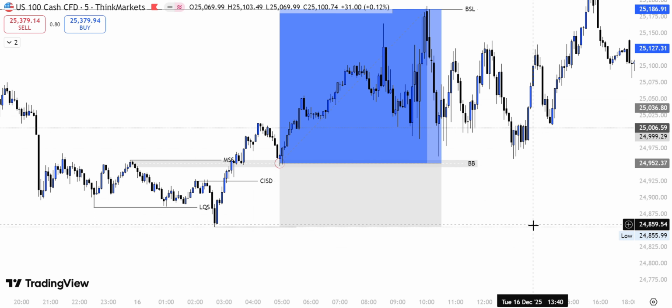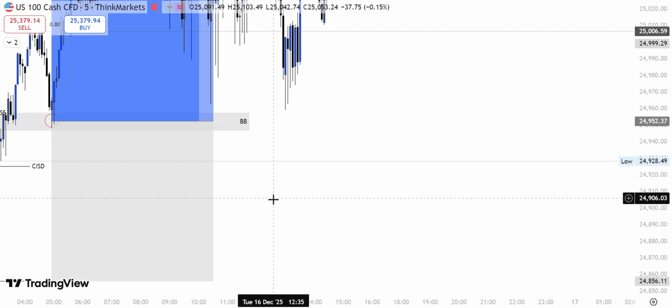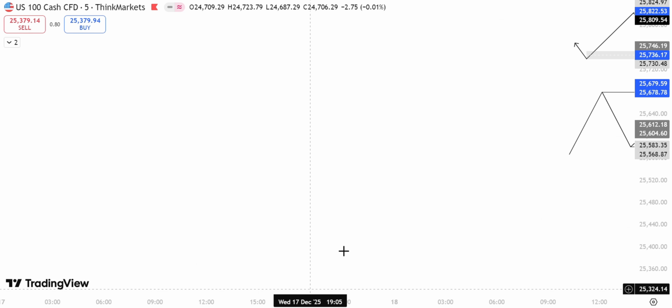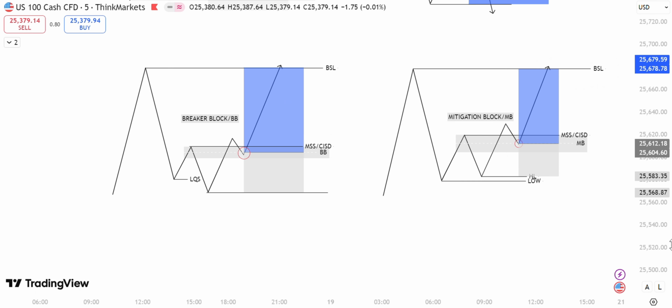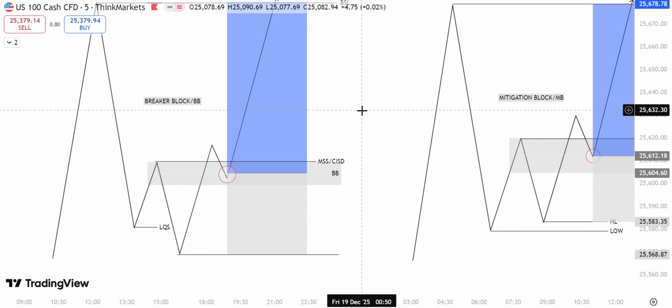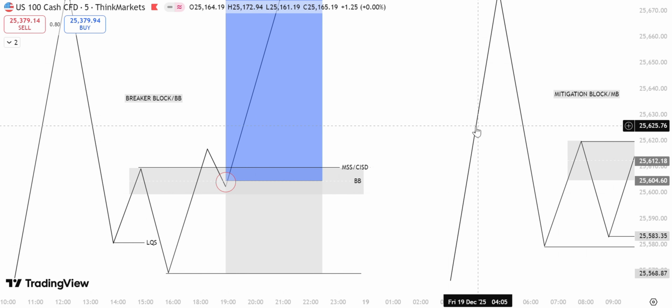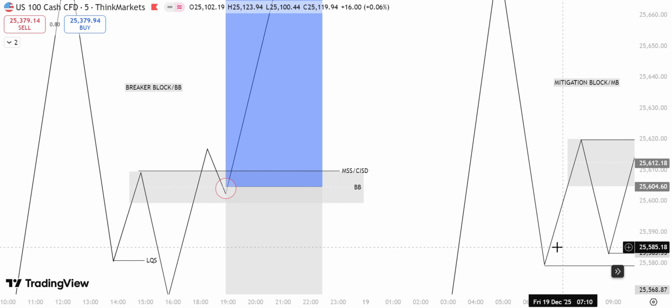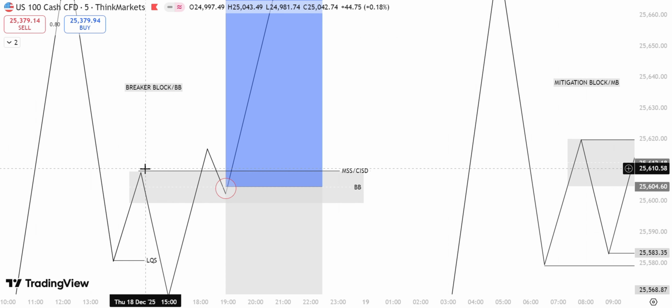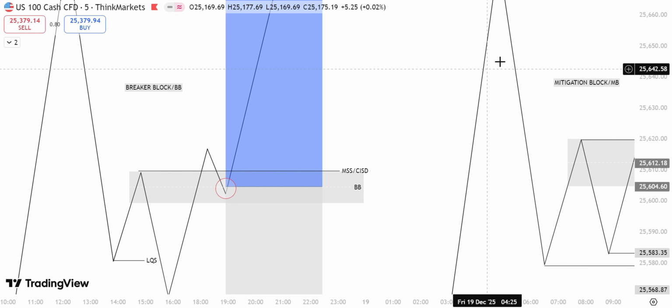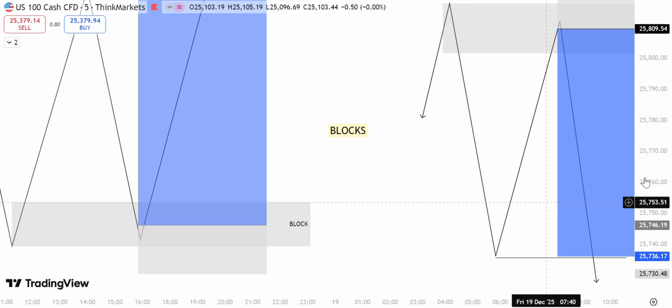So yeah, pretty basic concept, and I don't think I have mentioned this, but just to make things clear, I will mention it again if I didn't. For the breaker block to be formed, you have to have a candle body closure above the breaker high. So what does this mean? Let's go back in here.